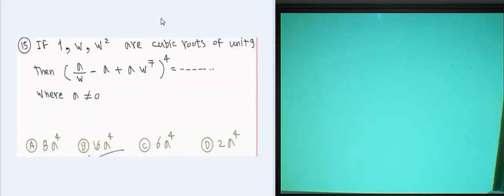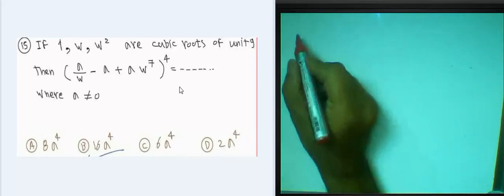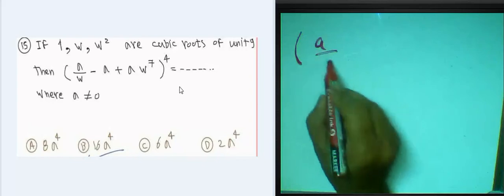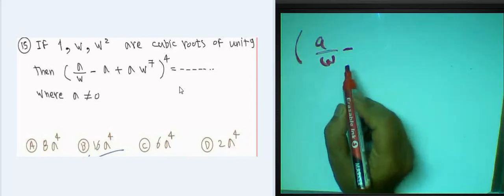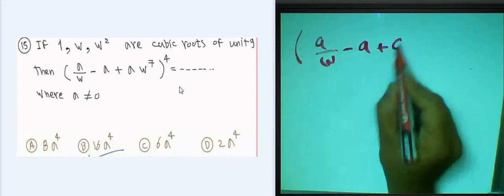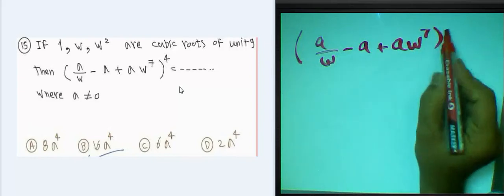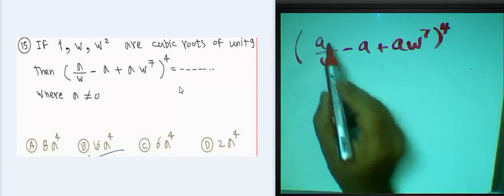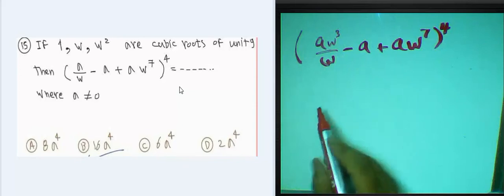Question 15. If 1, omega and omega squared are the cubic roots of unity, then (a/ω − a + aω^7)^4 equals blank. We can simplify it. We can write omega cubed because omega cubed equals 1.